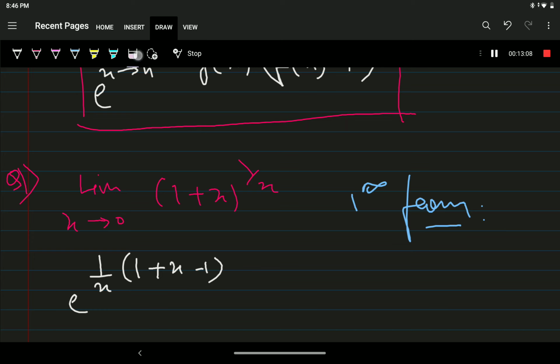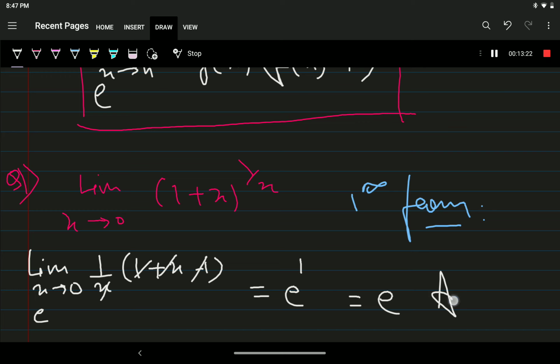Now e to the power limit, you see this simplifies, and this is just e to the power 1, which is e. So this is an extremely important question.